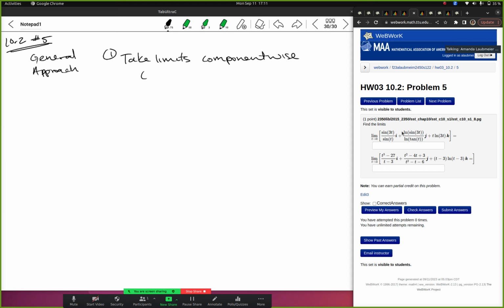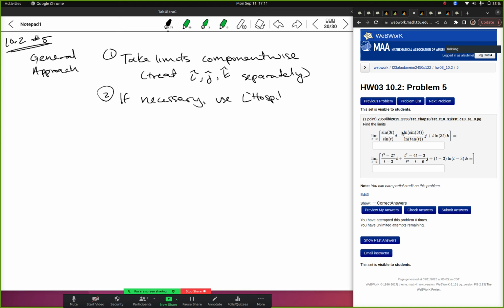That means that we're going to treat I hat, J hat, and K hat separately. And then as necessary to take those three different components of derivative, we might need to use L'Hopital's rule.